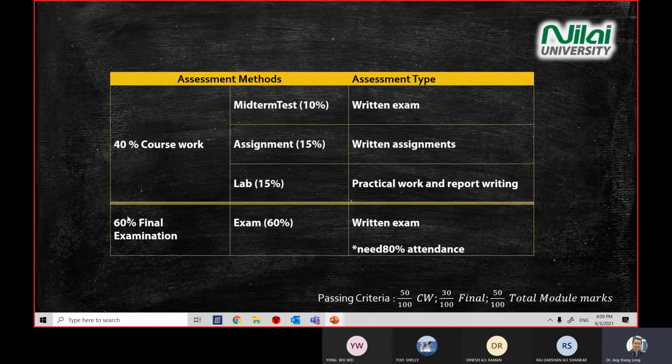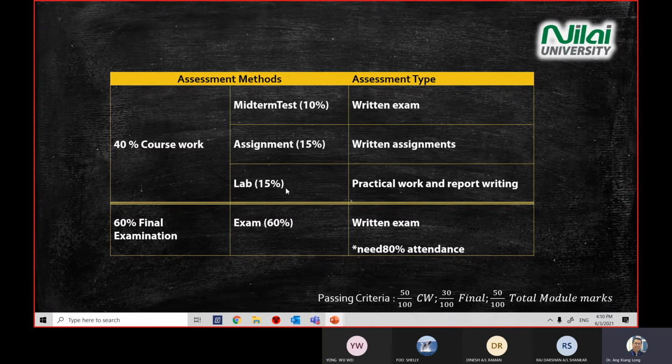Just to recap, what is the context of your assessment? Your assessment consists of 40% coursework and 60% final exam. For the coursework component, you have a midterm test or your Test 1, an assignment, and lab reports. You have 3 labs.